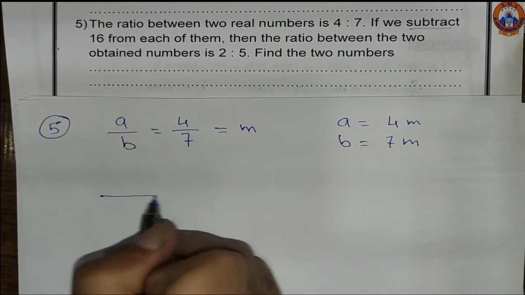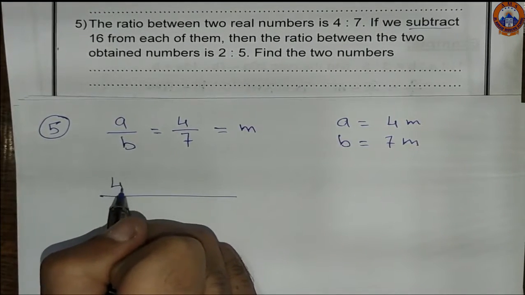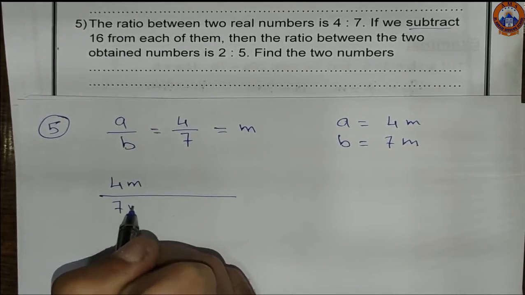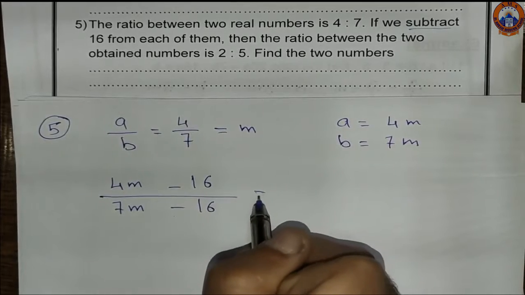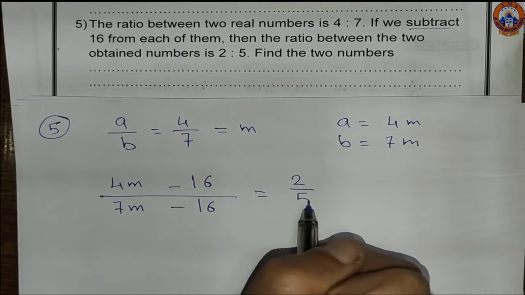Now we're going to subtract 16 from each one to make the new ratio, which is 2 over 5.